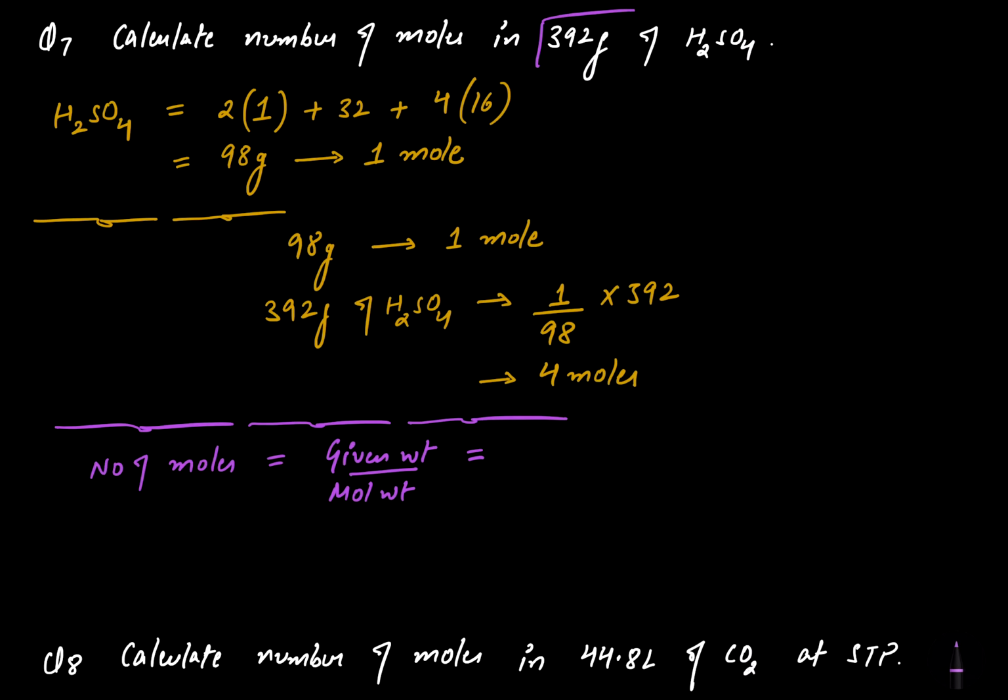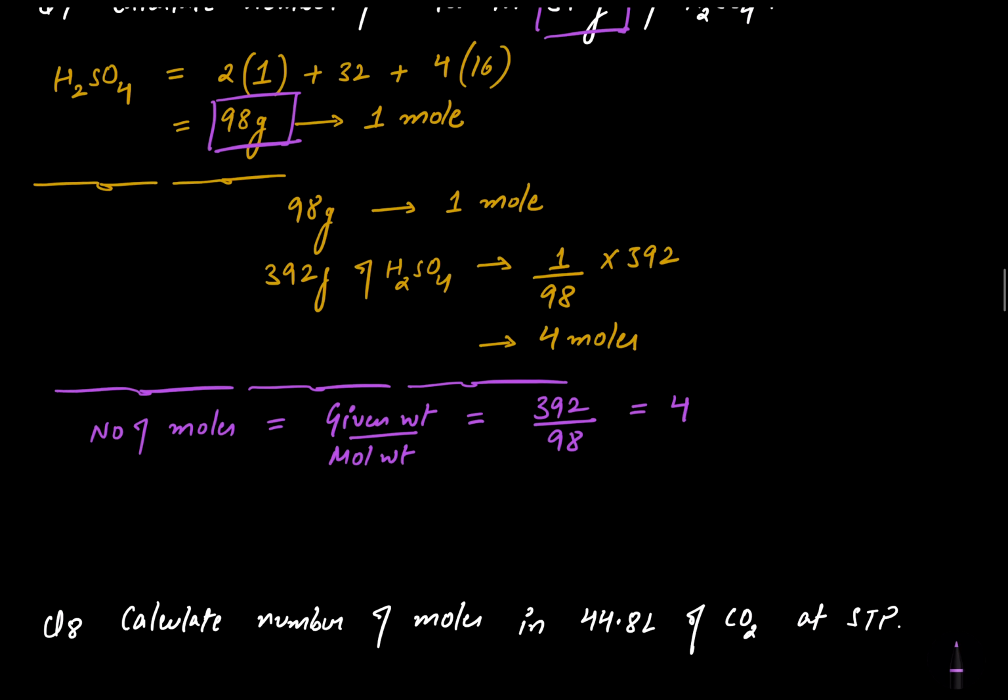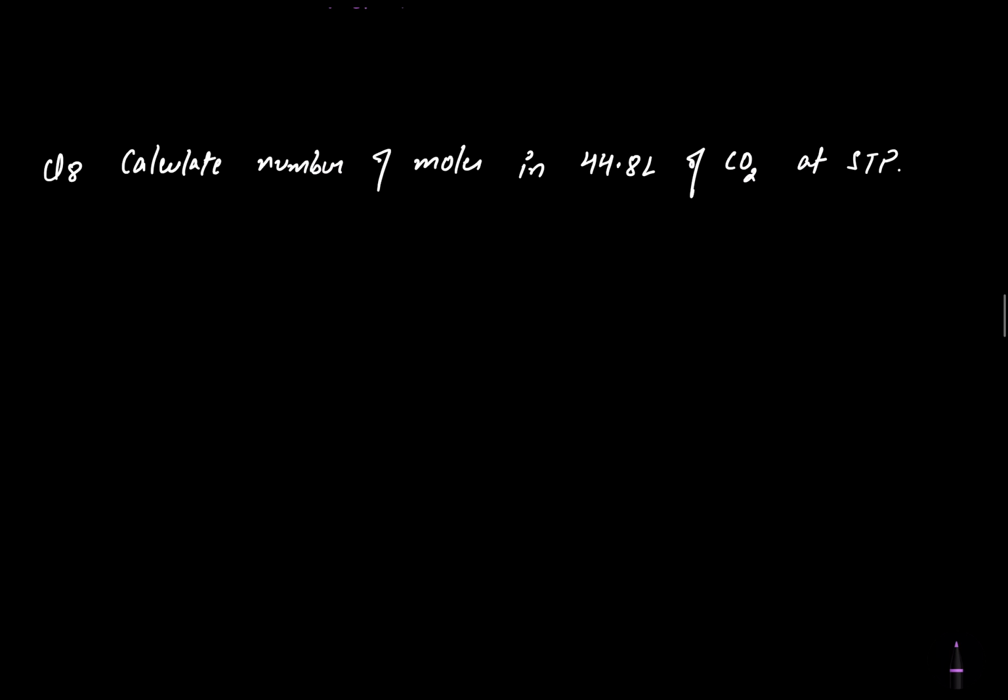The given weight was 392 grams. I have taken that in the numerator, divided by molecular weight. What was the molecular weight? It was 98. Now it's 392 divided by 98. It comes out to be 4. This method is short and the easy one. You can also do this, but both are actually the same thing. So let's move to the next numerical.